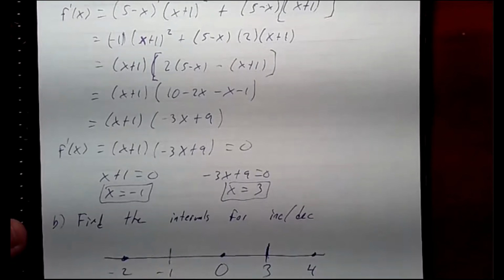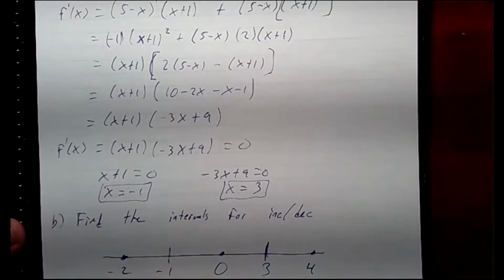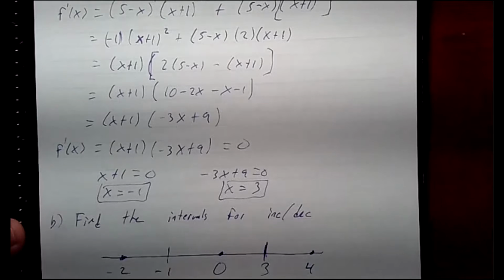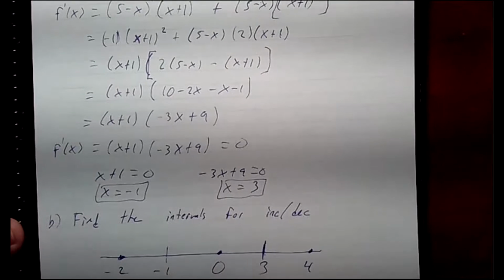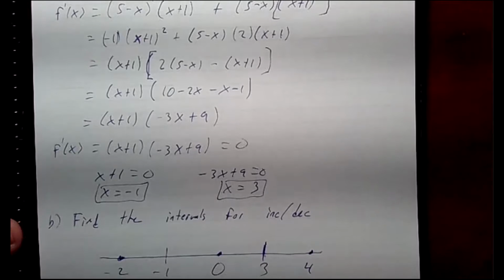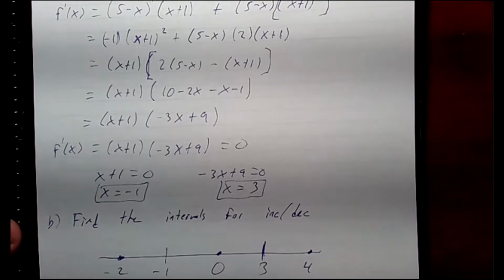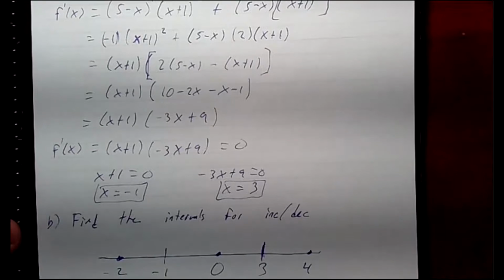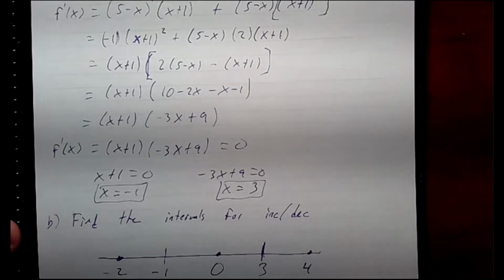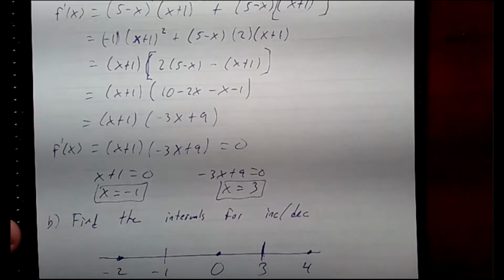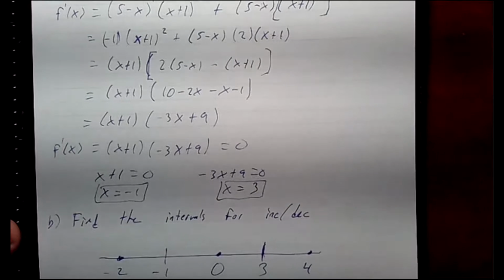So plug those numbers into the derivative. The derivative at -2 would give me (-2 plus 1) times (-3 times -2 plus 9). It doesn't really matter what the number is.